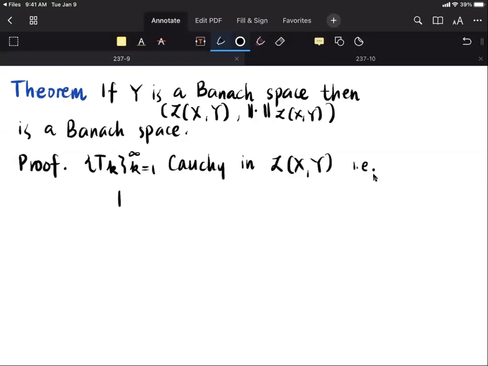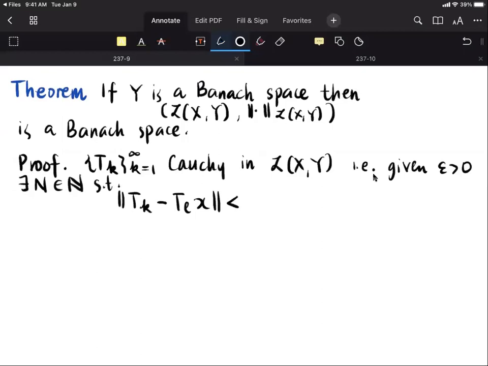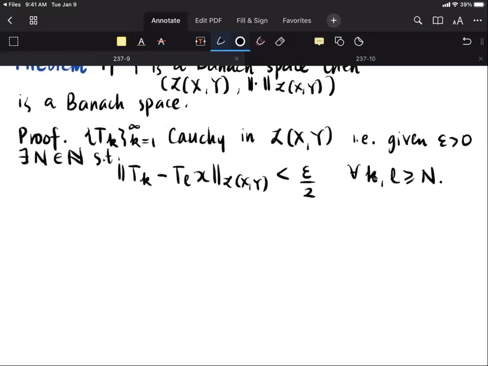So this means that the norm of T sub K minus T sub L is small. Given a positive epsilon, there exists a natural number n such that this is less than epsilon over 2 for any sufficiently large indices k and l, that is, k and l greater or equal to n.